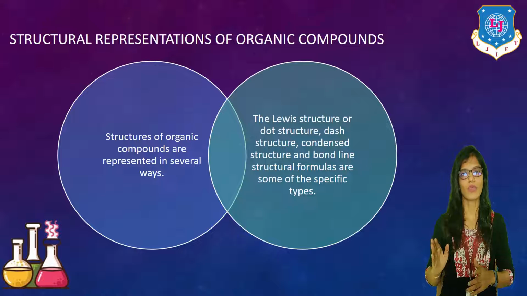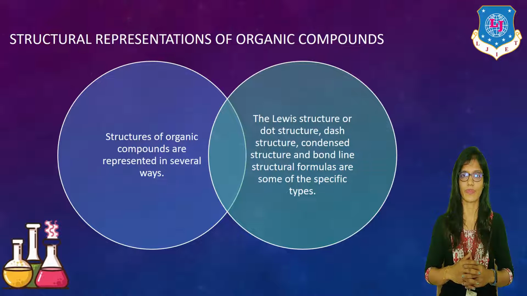To understand what the different unit processes are, we have to understand certain types of structural representations. For organic compounds, it's very important to get the structure, to name the particular structure. So structures of organic compounds are represented in several ways, like the Lewis structure, which is also known as the dot structure, the dash structure, the condensed structure, and the bond line structural formulas.